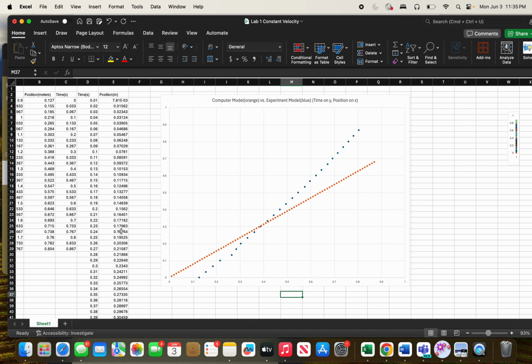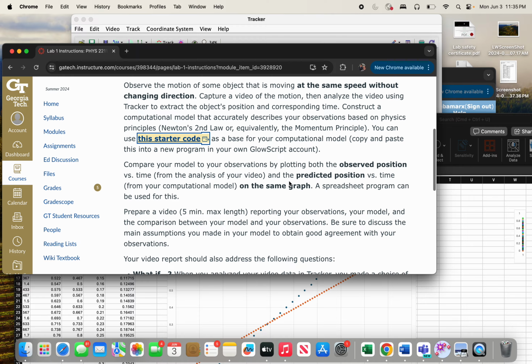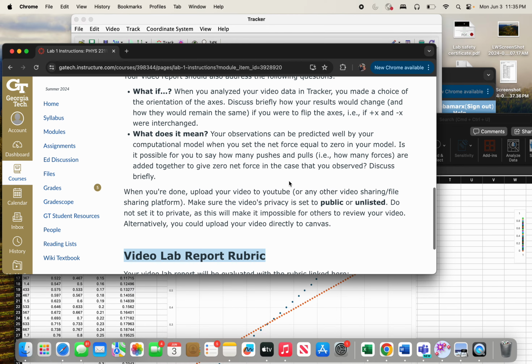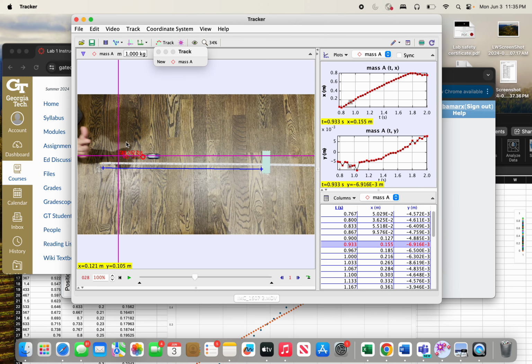So that's the end of lab one. We do have some questions we need to answer. So how many pushes and pulls are we dealing with if we were to get zero net force? So that's basically subtracting all other outside forces, and you're just getting a straight up.